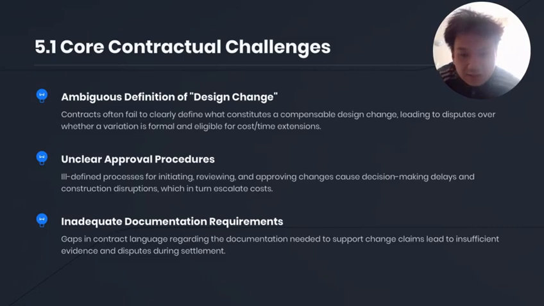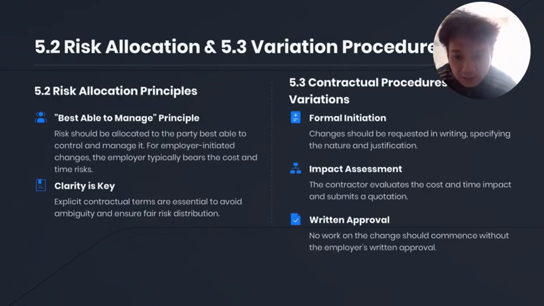Next is risk allocation, which is controlled in DB. In theory, DB transfers design responsibility to the contractor, but in practice, the key question is who initiated the change and who is best able to manage the risk.